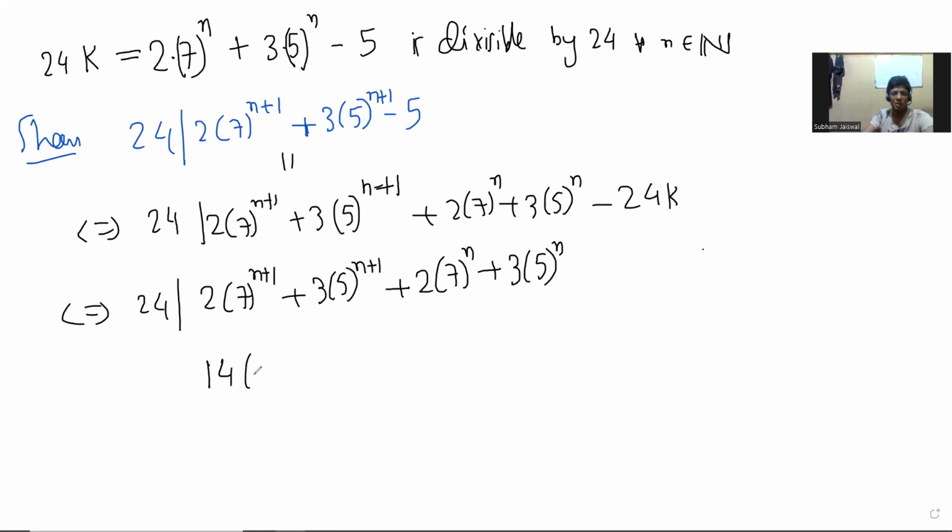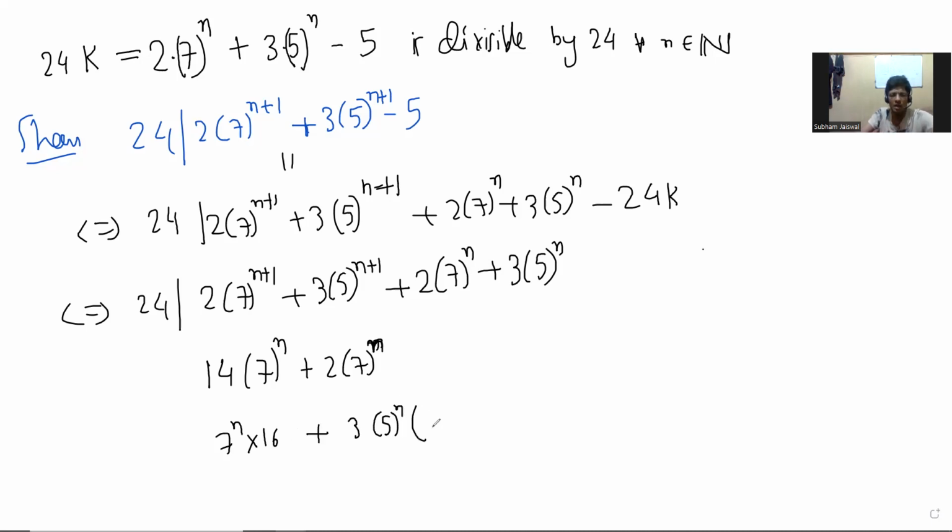So if you take this 7 to the n, then you have 2 times 7 to the n, so this will become 7 to the n times 16, if you have to do that.